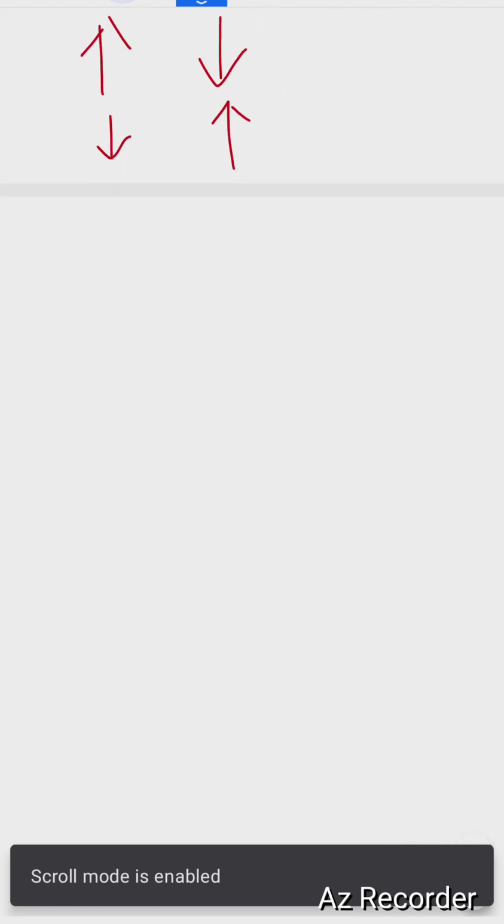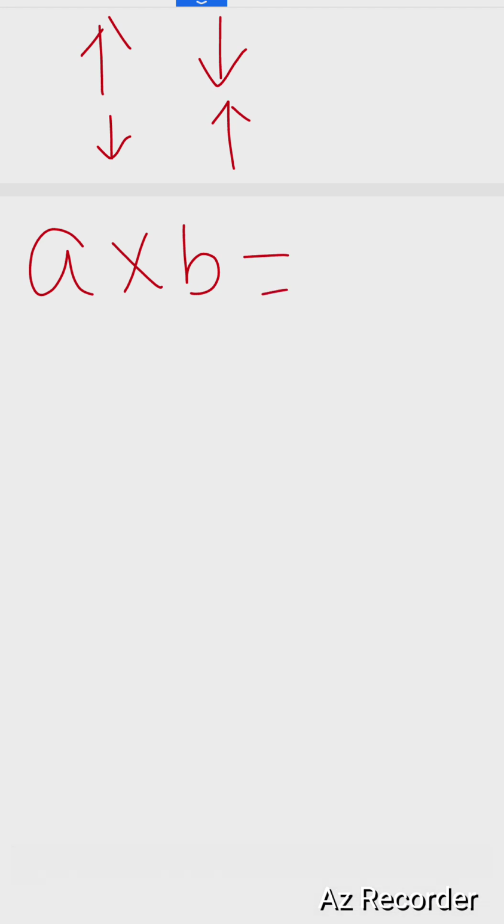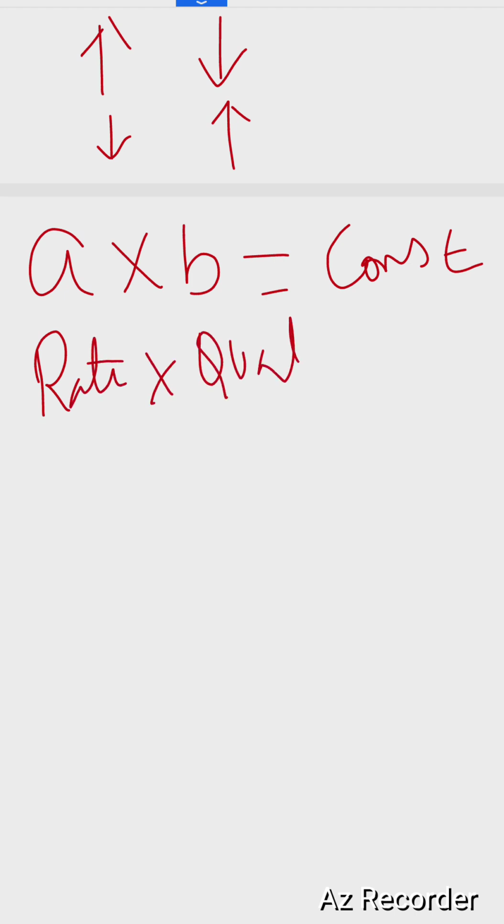So the concept is, if the product of two numbers A into B is going to be a constant quantity, in this case we have rate and quantity. It is equal to total expenses, right? My rate multiplied by quantity will give expenses. If rate will increase, I have to decrease my quantity to keep expense constant, right?